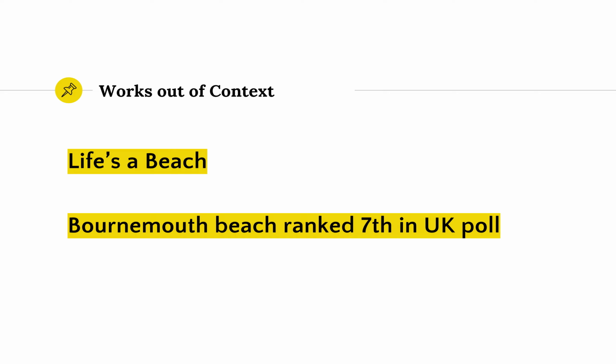Okay, so number 1, your headline should work out of context. Here we have 2 headlines for an article about Bournemouth Beach being listed in TripAdvisor's top 10 beaches in the UK. The first, Life's a Beach, is very ambiguous, while the second, Bournemouth Beach ranks 7th in UK poll, is much more specific.